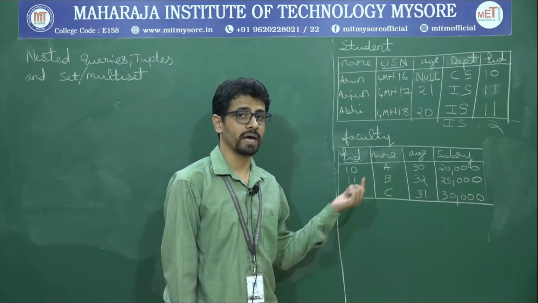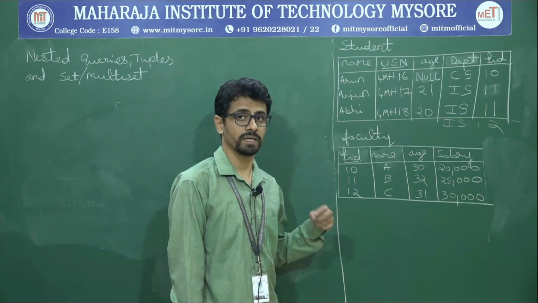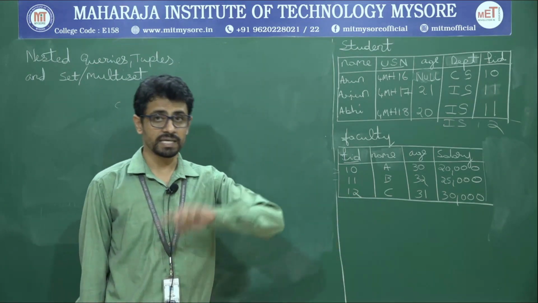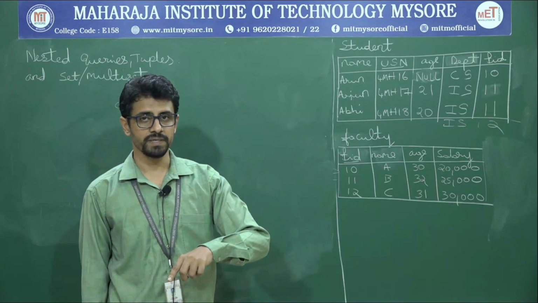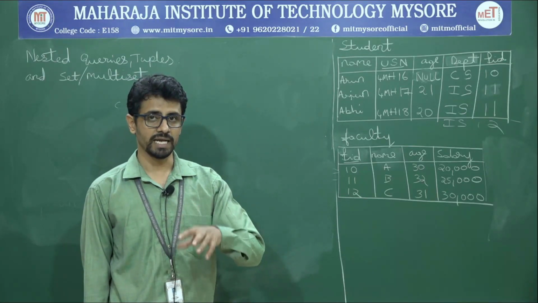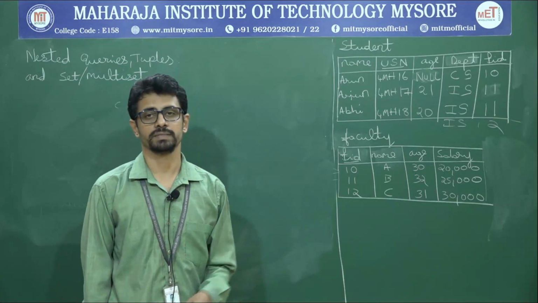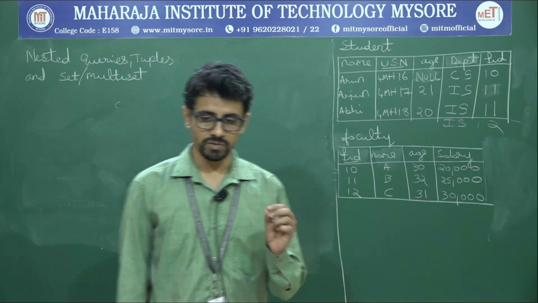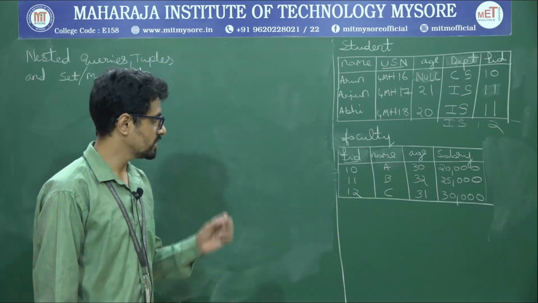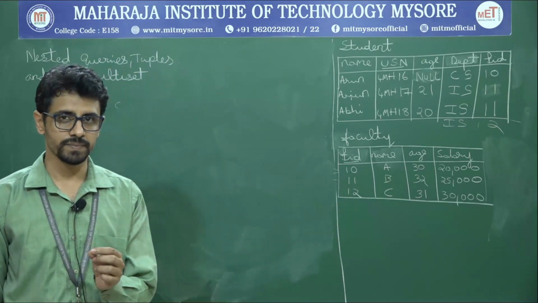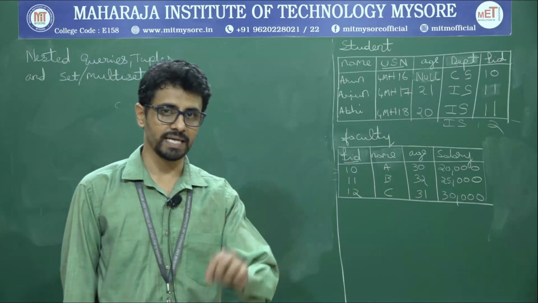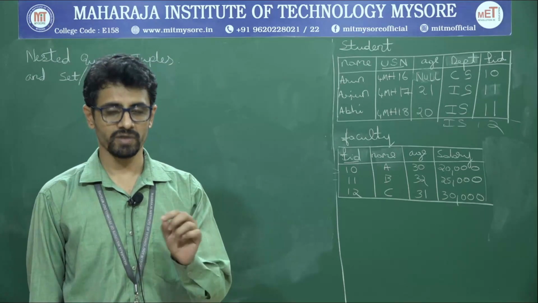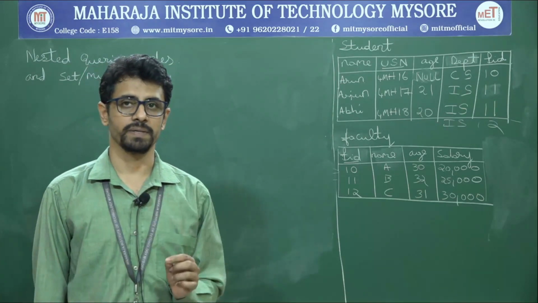Now I need to find out the maximum salary in the IS department if there are multiple people working. Now I need to verify if anyone from a department other than IS is having a salary more than the person who is earning in the IS department. It's quite confusing, let me repeat again. The question is, find out the names of faculties who are taking a salary more than the salary taken by a faculty working in the IS department.